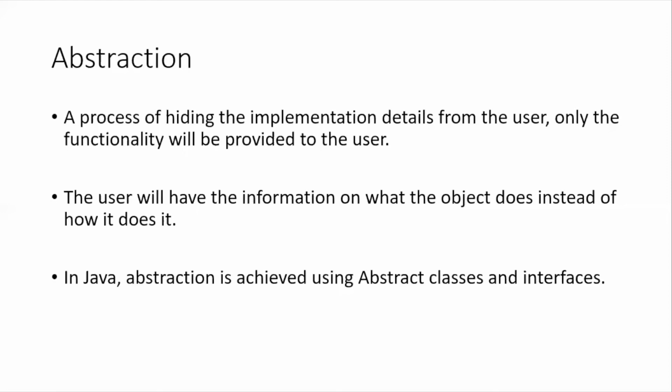Engine is there, steering system is there, gear system is there, then brake system is there, and a number of things, right? Now everything is put together and represented as one entity. That is nothing but a car. So what is implemented over here? You guessed it right. It is encapsulation.